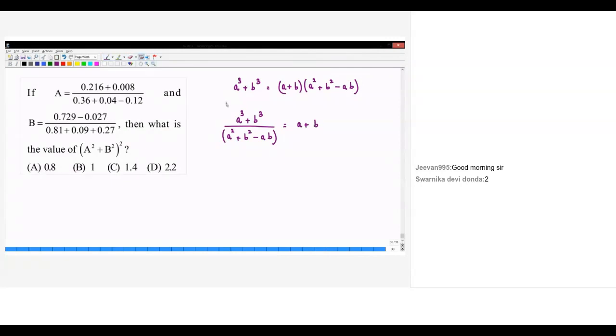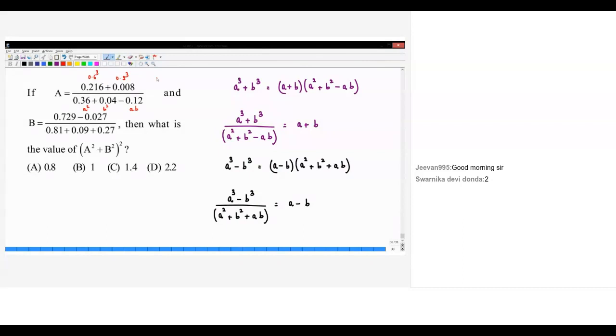In the same manner, instead of plus, if it is minus, it will be plus. We know it is 0.6 cube, 0.2 cube. So it is a square, it is b square, it is ab.